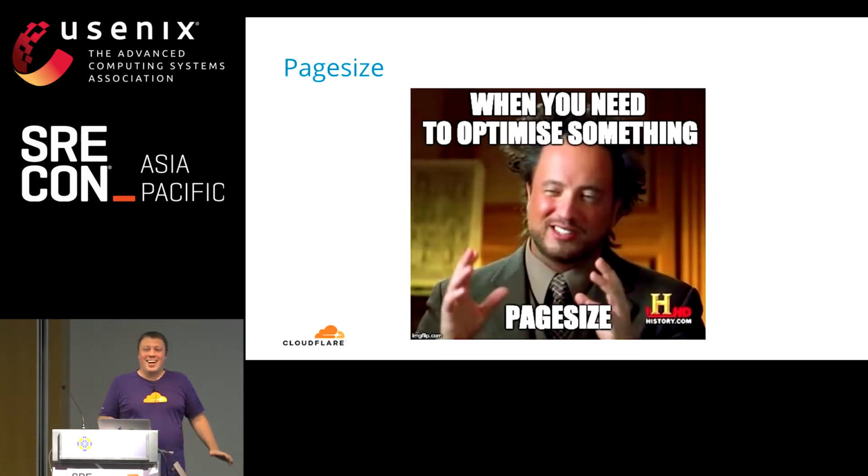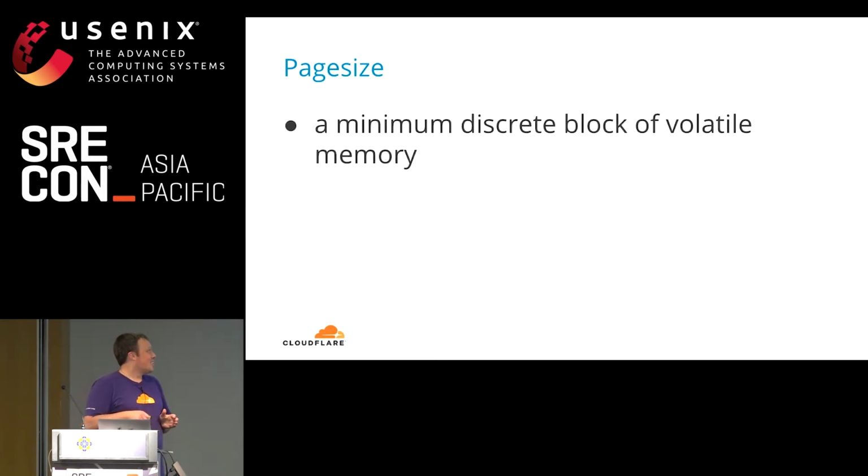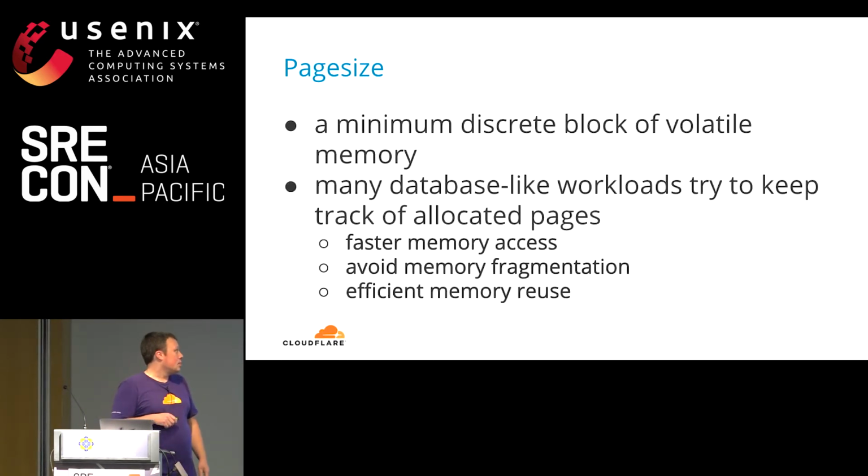Second, page size. When somebody wants to optimize, it's often about page size, right? So what is a page size? It's the minimum discrete block of RAM you can get on a system. Usually you shouldn't care, but many database workloads try to keep track of allocated pages, for example for faster sequential memory access, avoiding memory fragmentation, and efficient memory reuse.